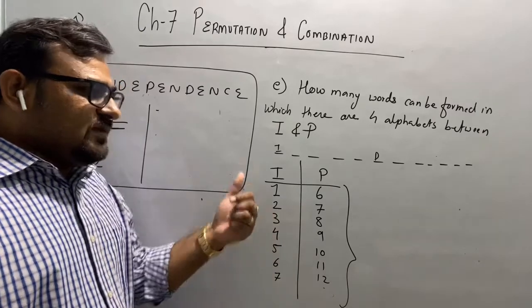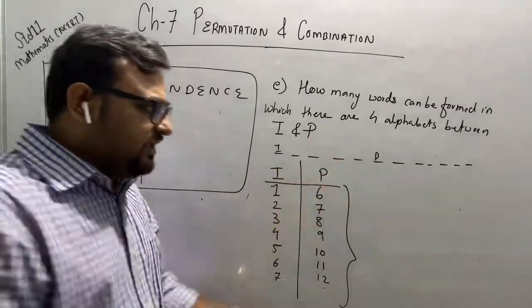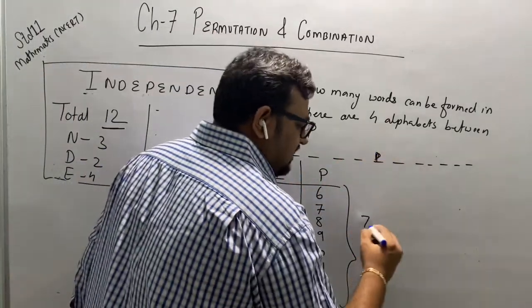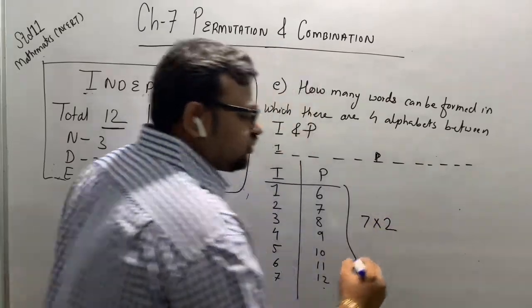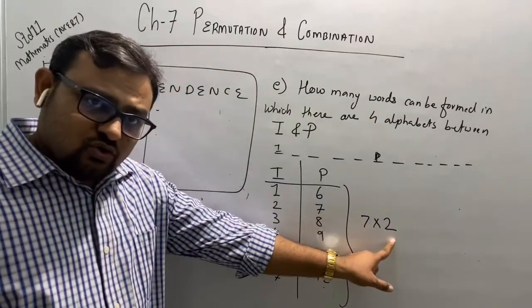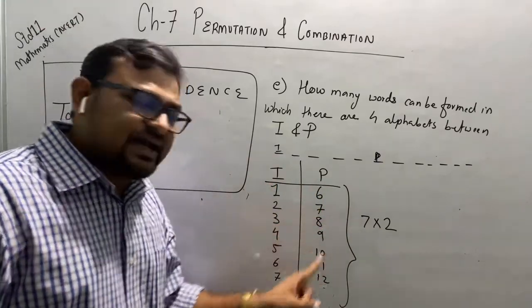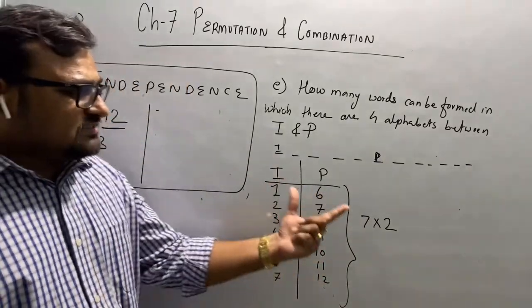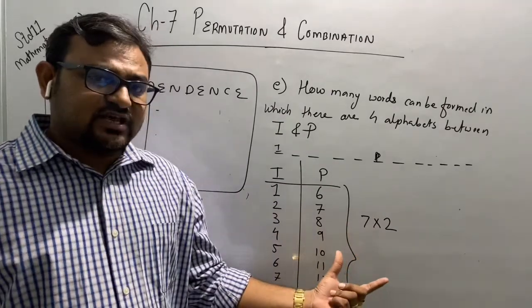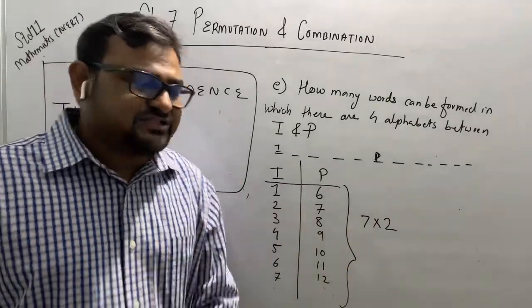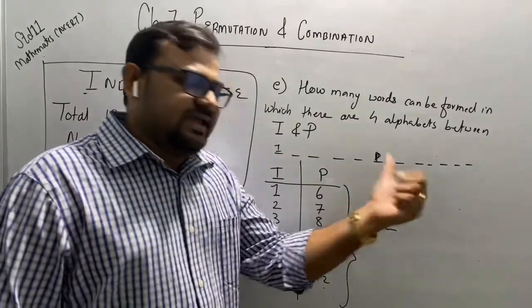Okay, where first there will be I, after that 4 alphabets and P, right? So 7. Multiply by 2. Why this 2? Reverse: P at first, I at 6, P at second, I at 7, and so on. So 7 into 2 ways we can arrange I and P.